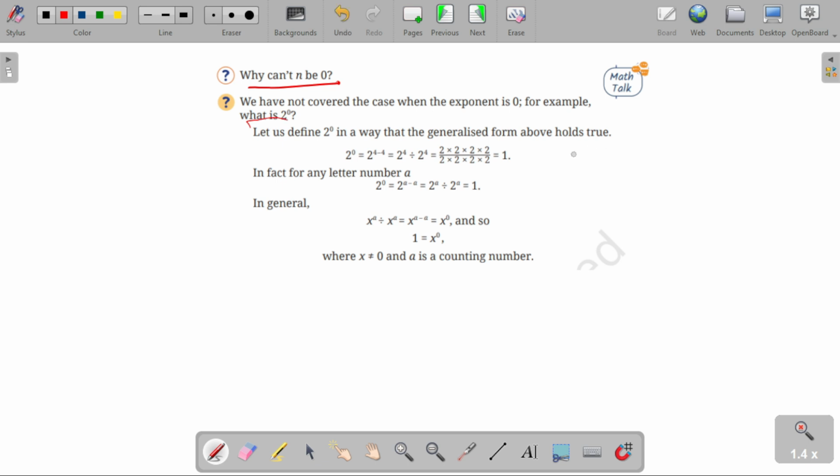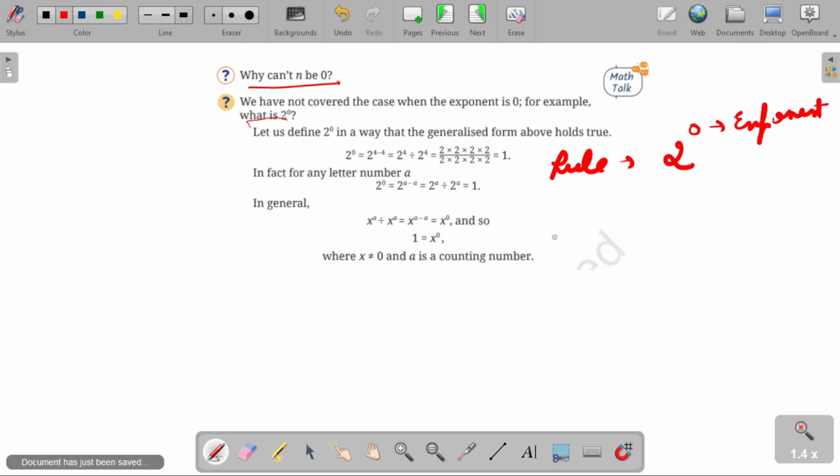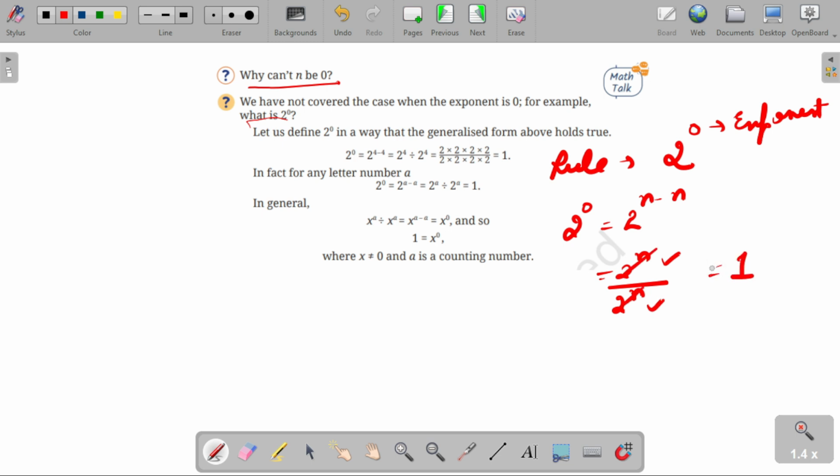So now we are discussing the next rule: if we have an exponent of 0, then what will happen? We can write 2 raised to power 0 generally as 2 raised to power n minus n, which is 2 raised to power n upon 2 raised to power n. We have both terms the same, so by cutting we get the answer 1.